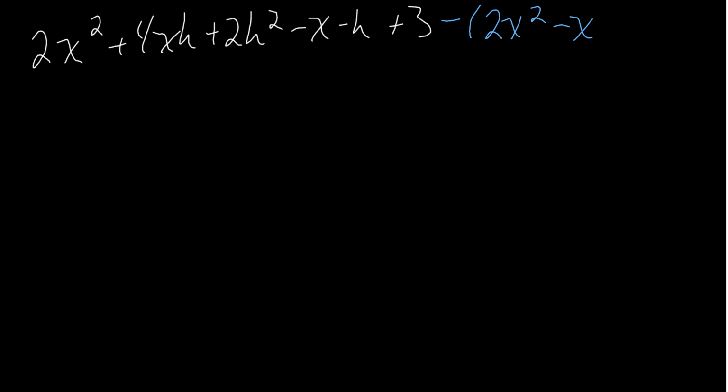Without having to rewrite the problem, I'm going to drop the parentheses and change the sign of everything. So the negative x turns into a positive x, and the positive 3 turns into a negative 3.